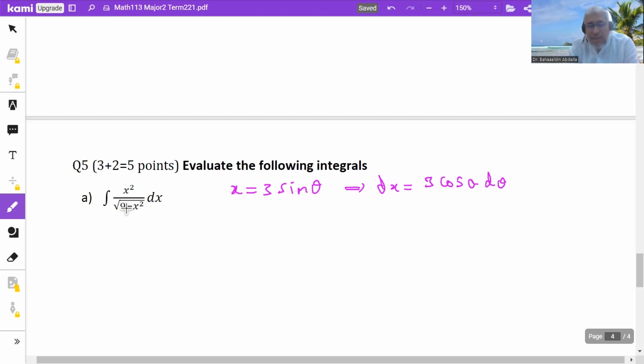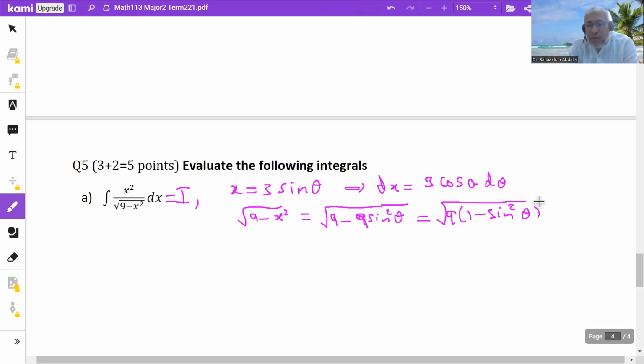Let me call this integral I. The square root of 9 minus x squared would be the square root of 9 minus 9 sine squared theta, because when you square x, you can take 9 as a common factor, and you will get 1 minus sine squared theta. And you know that 1 minus sine squared theta is just cosine squared theta.